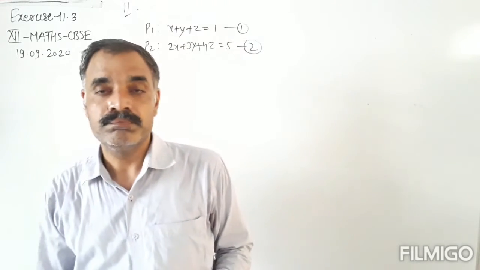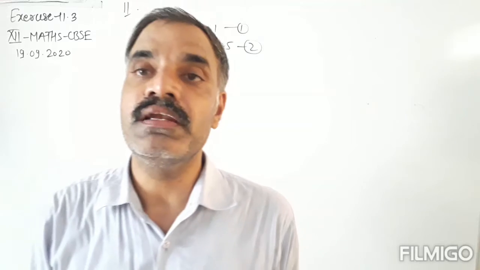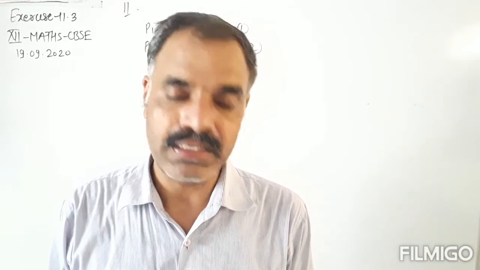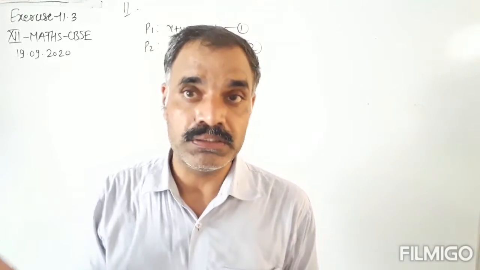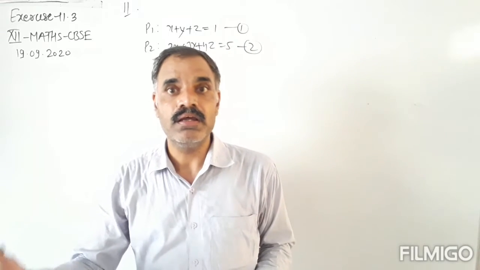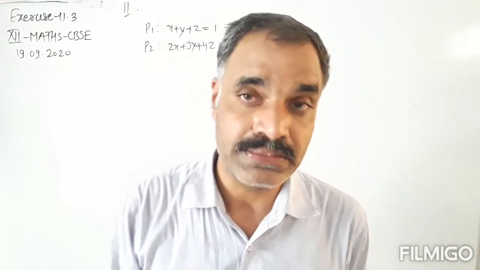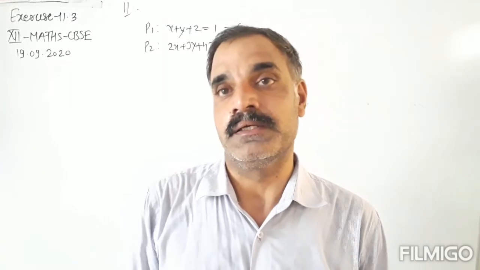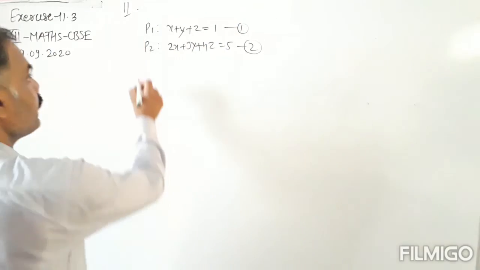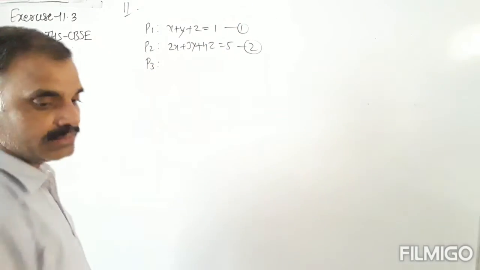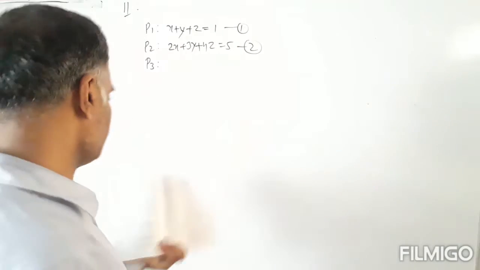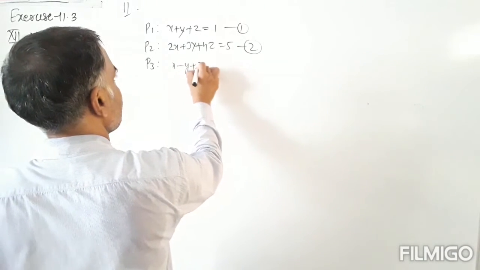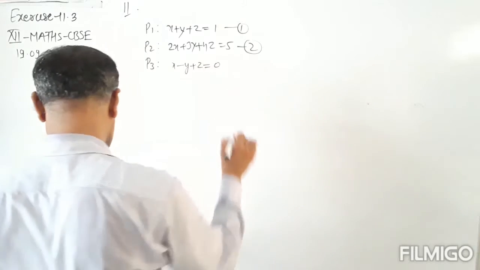So two planes have been given, plane number 1 and plane number 2. We have to find the equation of the plane through the line of intersection of P1 and P2, and which is perpendicular to the third plane. The third plane is also given, that is x minus y plus z equals 0.